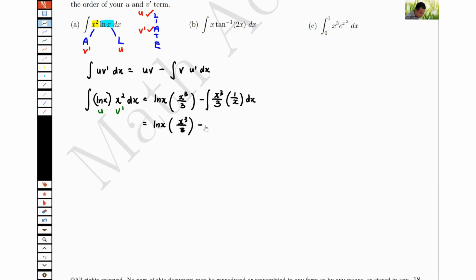So your 1/3, you take out. X cubed over x, we get x squared. The integration sign is there because you're supposed to do a second round of integration. X cubed over 3 plus.